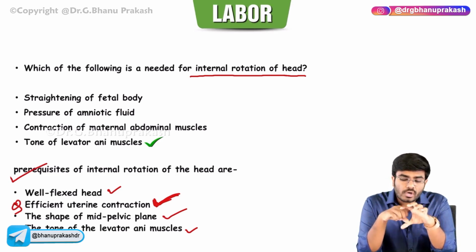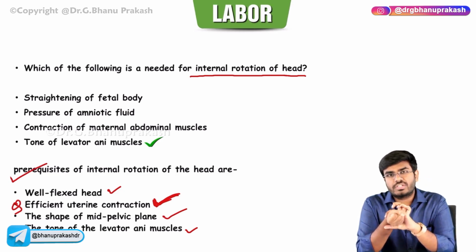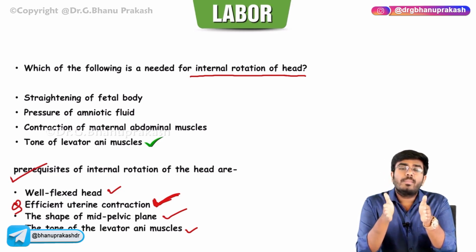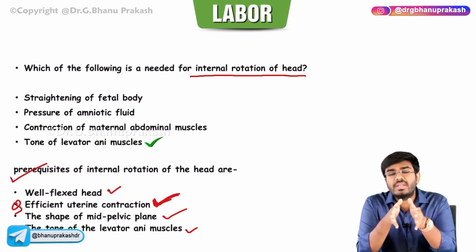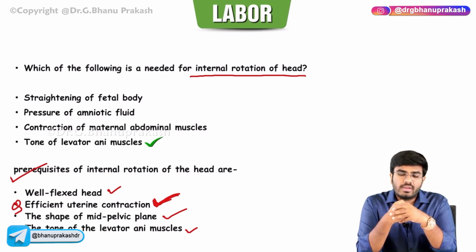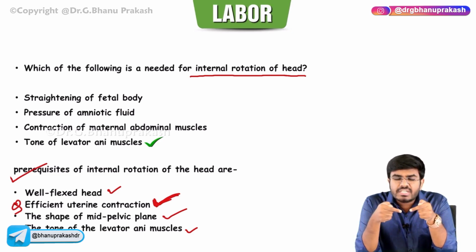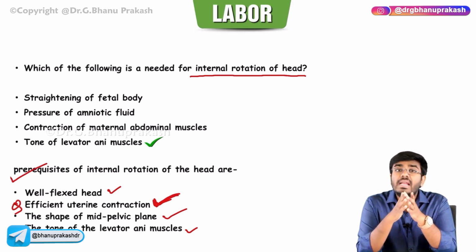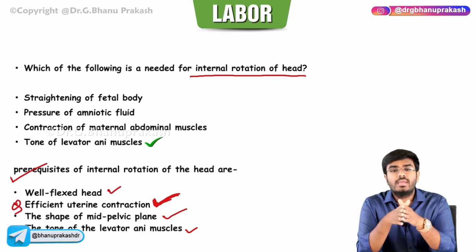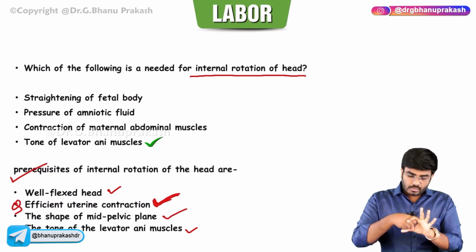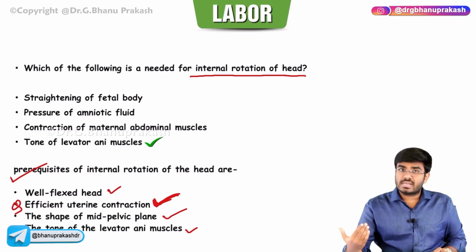So in order to have a good internal rotation, the shape of the mid pelvis especially is very important. Why? Because if there are deeply protruding ischial spines, that causes arrest, a deep transverse arrest is going to happen.